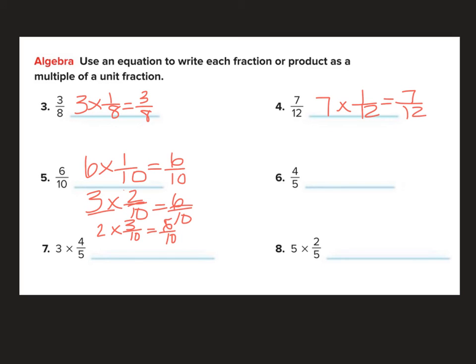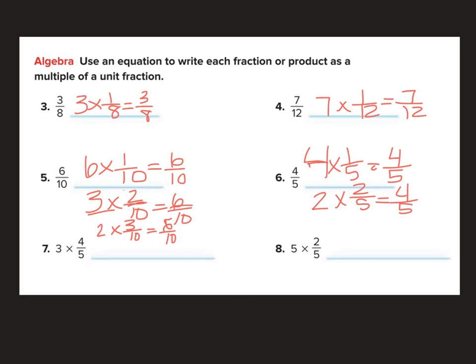All right, let's go over here, 4/5. So I'd do 4 times 1/5 equals 4/5. I could also do 2 times 2/5 equals 4/5. Kind of cool.